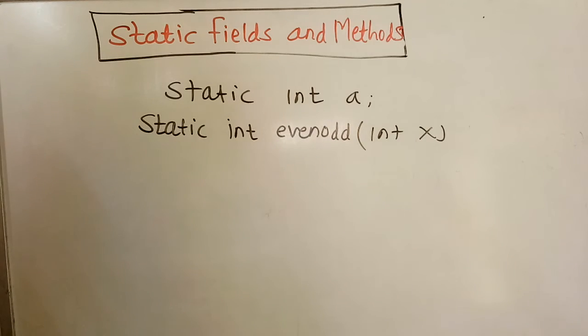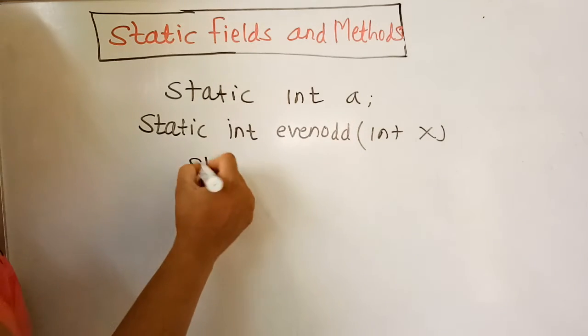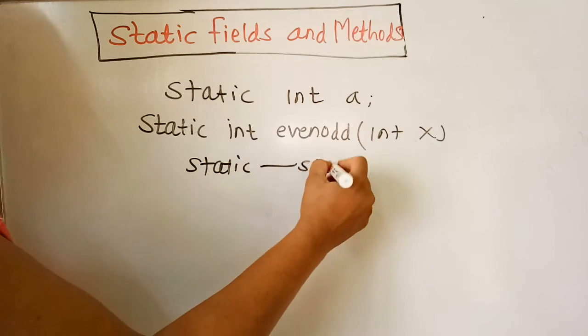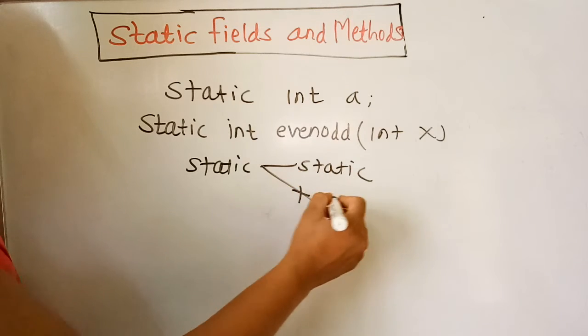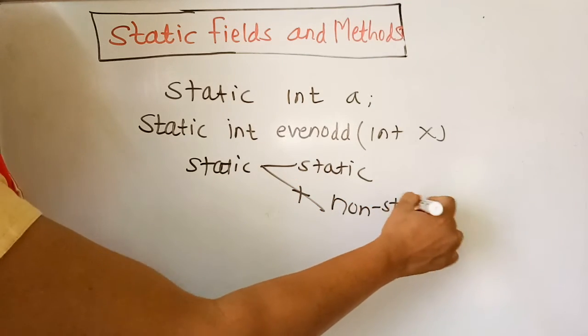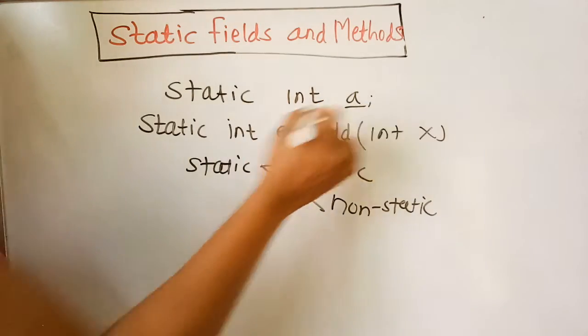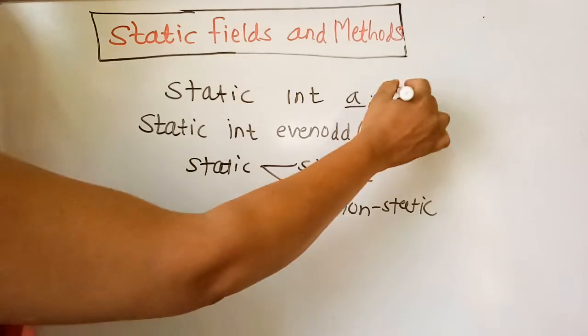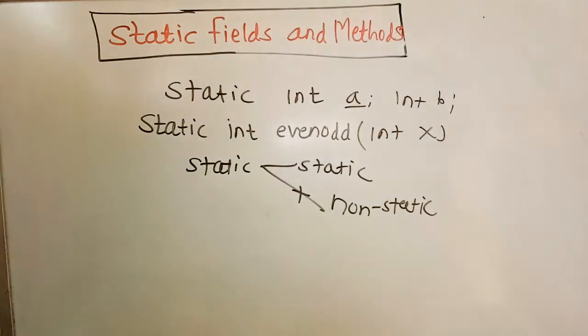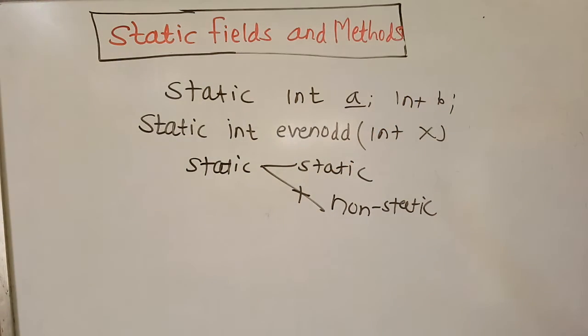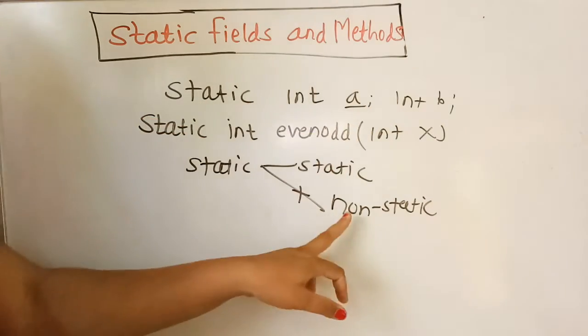But as it has some advantages, simultaneously it has some disadvantages. What are they? A static method calls only other static methods and accesses only static data. Means binding is only between static members; non-static is not allowed. For example, if int a is declared static and int b is not declared static, then there is no valid mapping between the static and non-static data members.